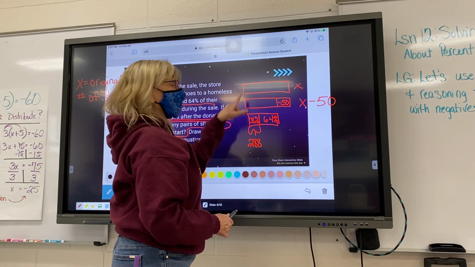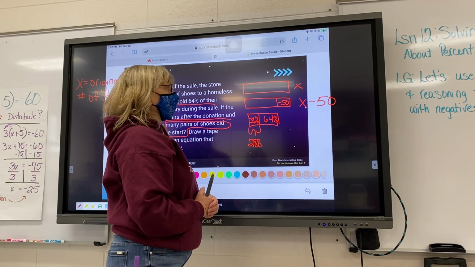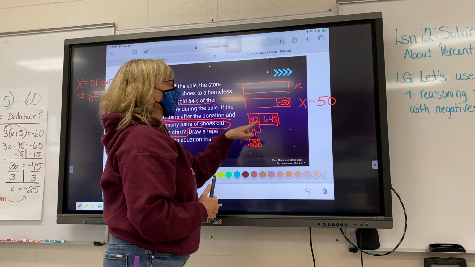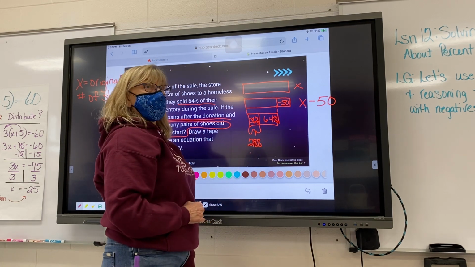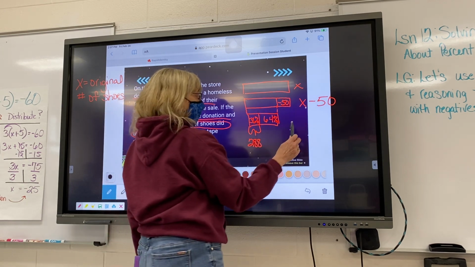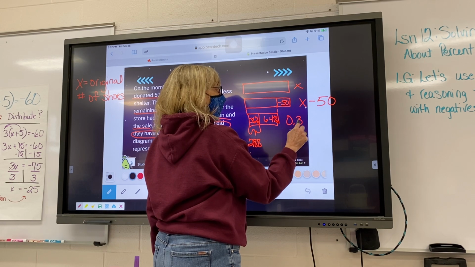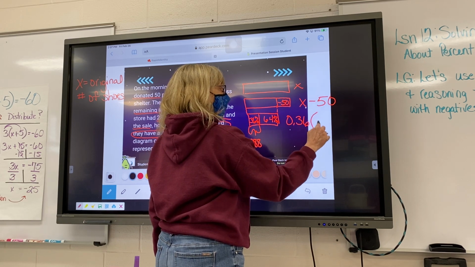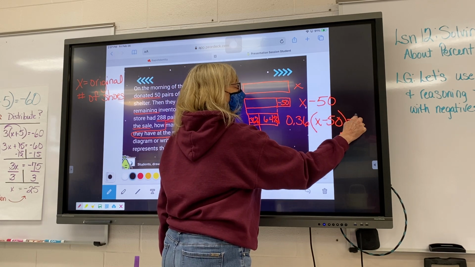Of X or of X minus 50? No, what is this 36% of? Isn't it of that piece right there? Well, what is this piece right here? X minus 50. So the equation is going to be 0.36 times (X minus 50) equals 288.